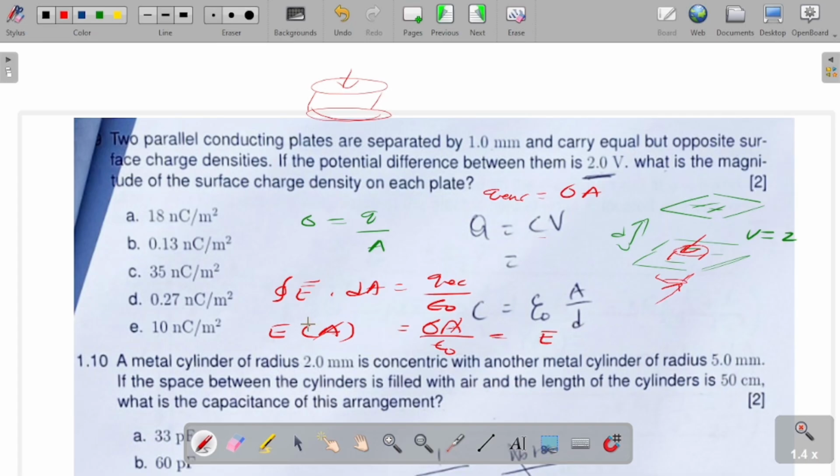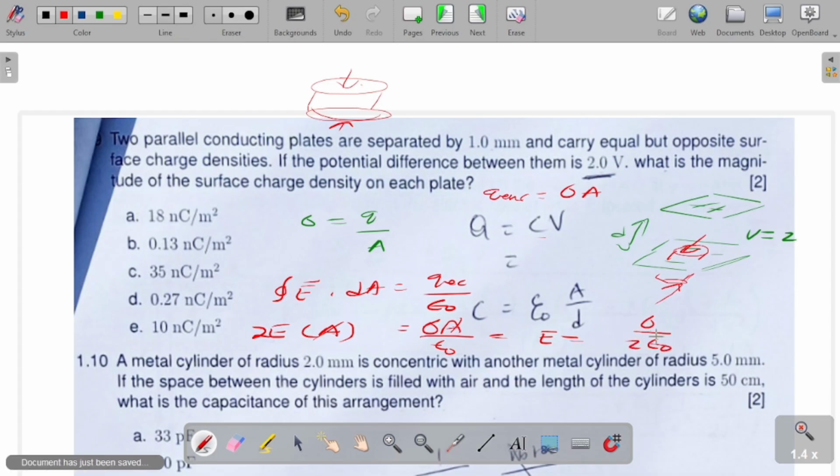Something that is very important to note is that you have the electric field on both sides, on the above part and on the below part, meaning we have two electric fields. Now we are going to say the electric field is sigma over 2 epsilon naught.